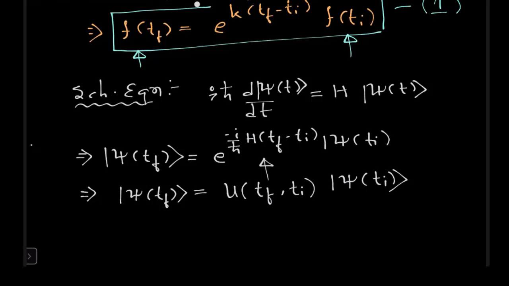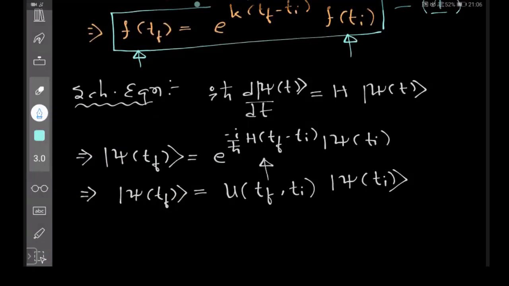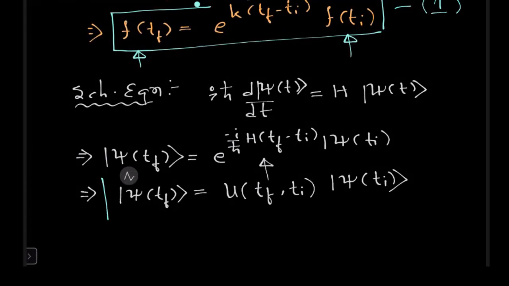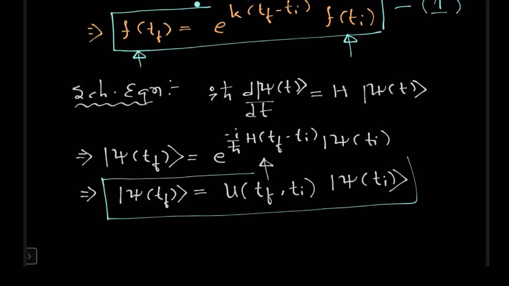As you can see, this equation is trying to tell you that if you know the state of a quantum system or a quantum particle at the initial time, then you can always use this equation 2, and using this time evolution operator you can say what the state of the quantum system is at the final time, or after a certain time t_f minus t_i.